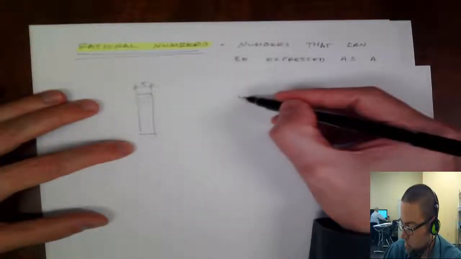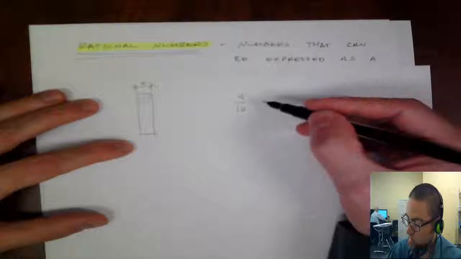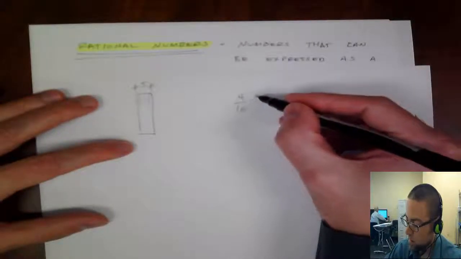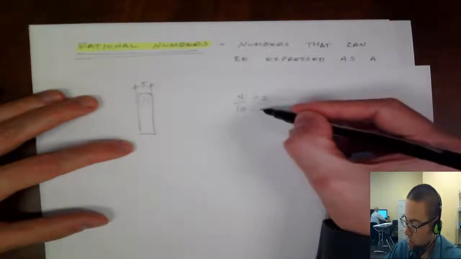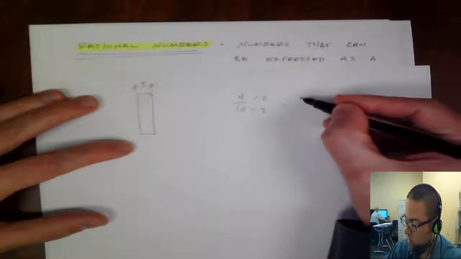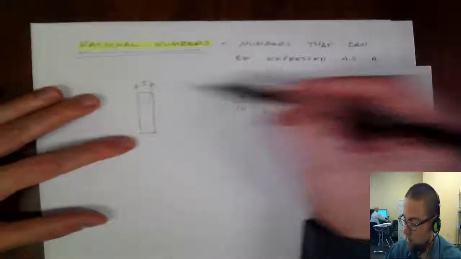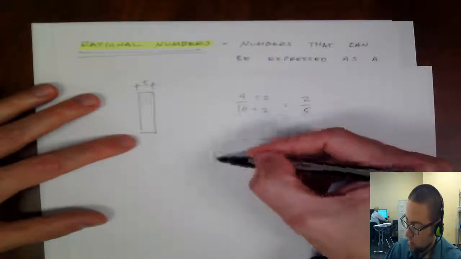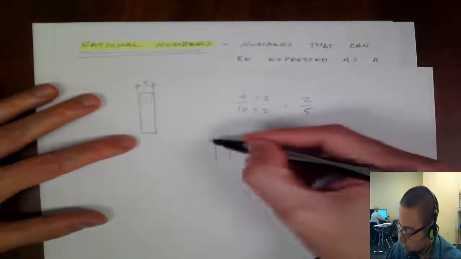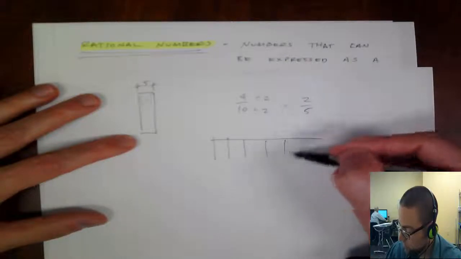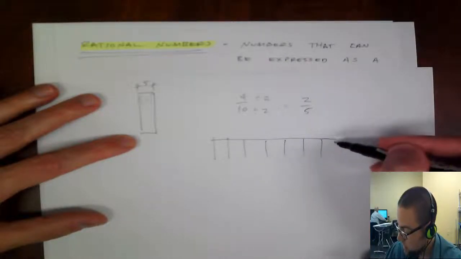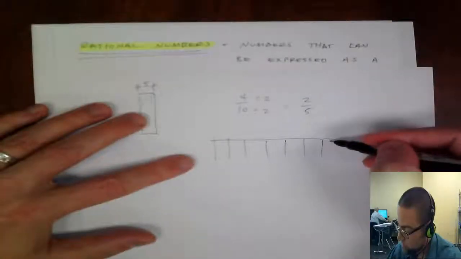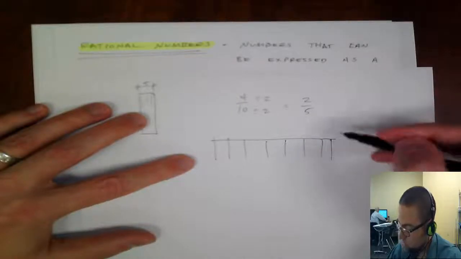So 4 tenths. What is that equivalent to? I could divide the top and bottom by 2, and it'd be 2/5. So 2 out of the 5 inches would be what I need. So I need 6 boards: 1, 2, 3, 4, 5, 6. And then I need 2/5 of a board, which would just be 2 inches off.